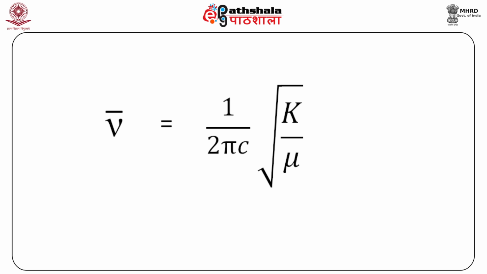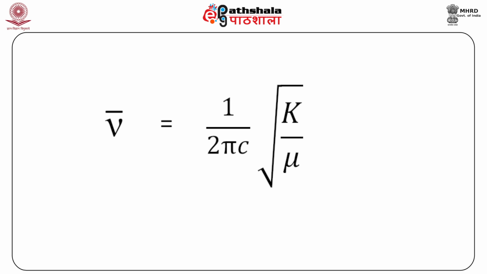The approximate vibration frequency of a bond can be calculated from the equation derived from Hooke's law, which states that nu bar, that is the wave number, is equal to 1 divided by 2 pi c times the square root of k upon mu, where mu is the reduced mass and mu is equal to m1 multiplied by m2 divided by m1 plus m2.